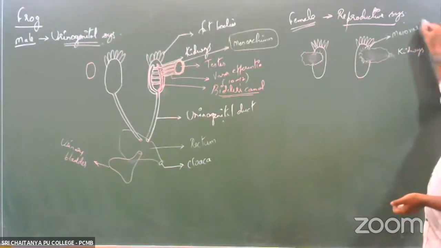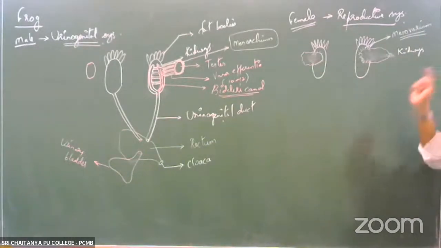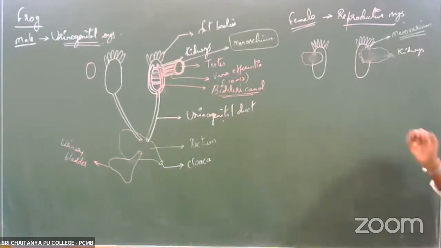So this is one more important thing what you need to remember. In case of males, the connection between the testis and the kidneys is mesorchium. In case of females, the connection between the ovaries and the kidneys is nothing but the mesovarium. So mesorchium in case of males, mesovarium in case of females.